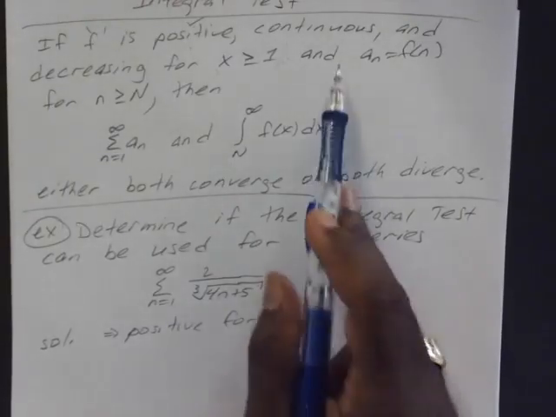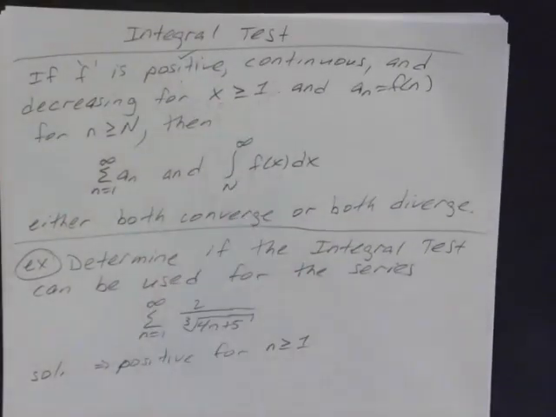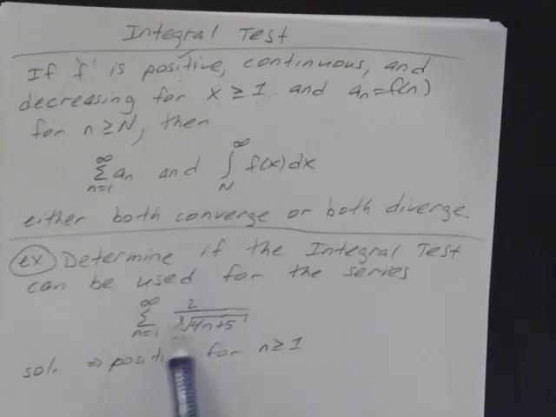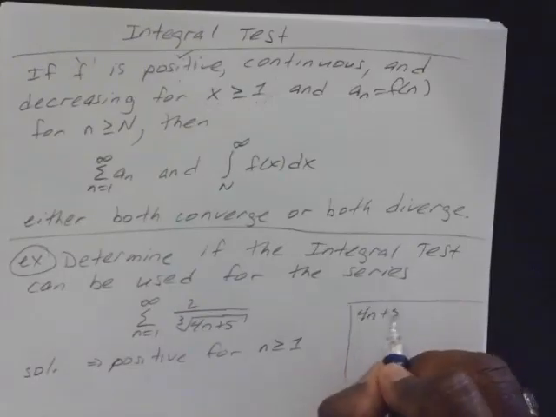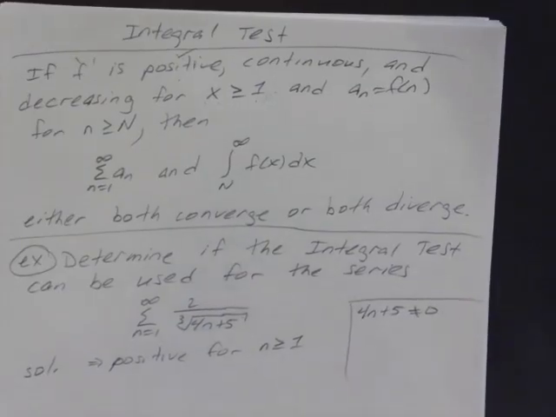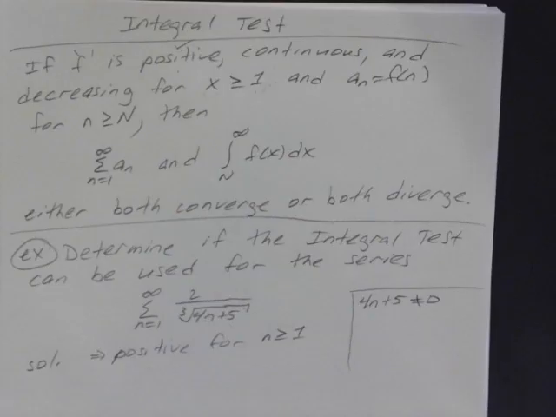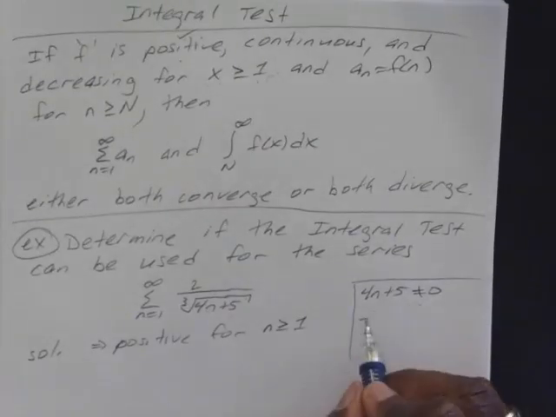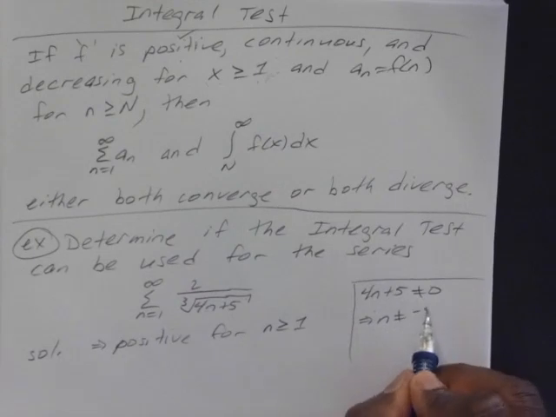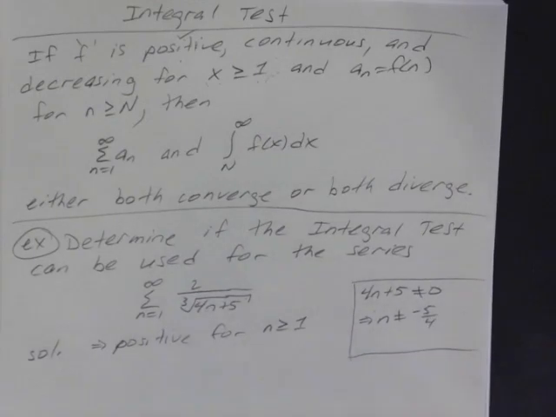Okay, now we want to see if it's continuous for n greater than or equal to 1. Well, one thing we know about this one, because it's in the denominator, is that 4n plus 5 cannot equal 0. Which means if we subtract 5 from both sides and divide by 4, we know that n cannot equal negative 5 over 4. Which means it's continuous everywhere else.